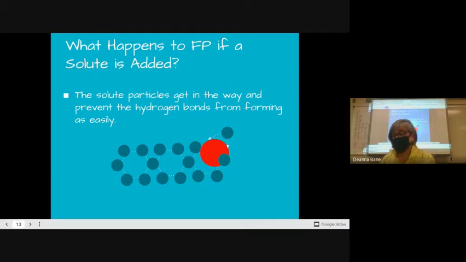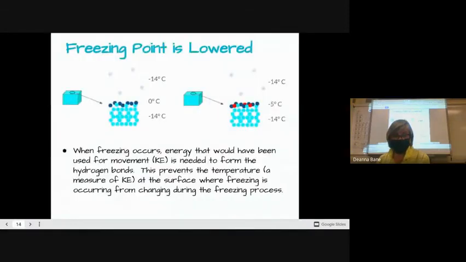So that when those water molecules are starting to try to form these hydrogen bonds, they are still moving fast enough that this particle getting in the way prevents it from forming the hydrogen bonds that will allow it to organize into the crystal. So the particles get in the way. Okay, here's another way to look at it.